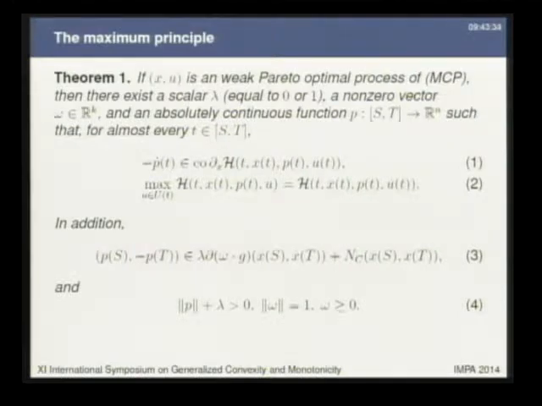The first one is the adjoint inclusion. The second, the Weierstrass condition. Here we have the transversality conditions, and at last, the non-triviality of the multipliers.